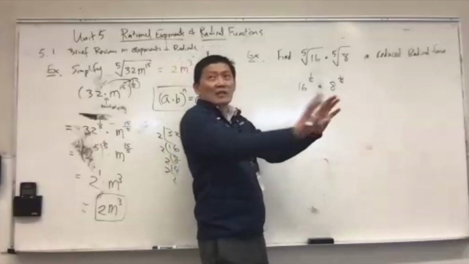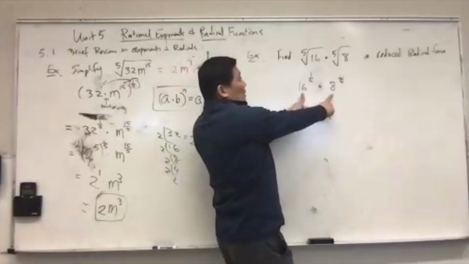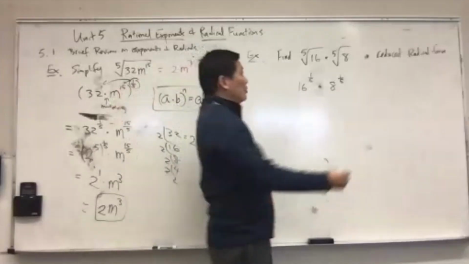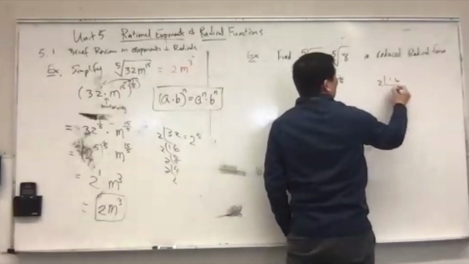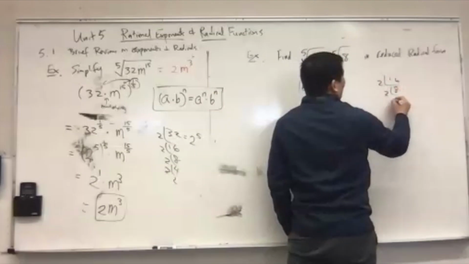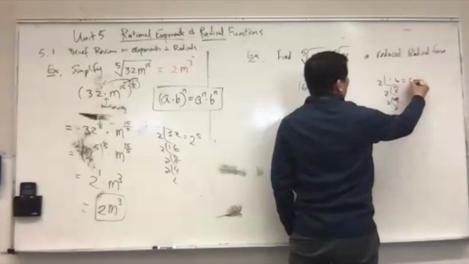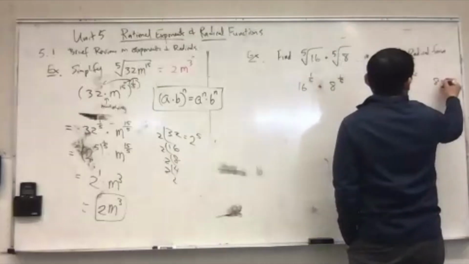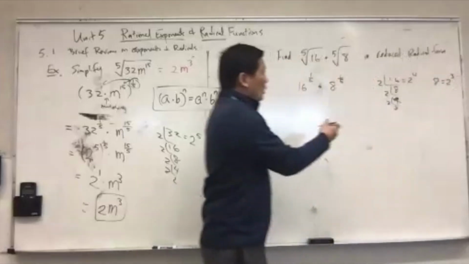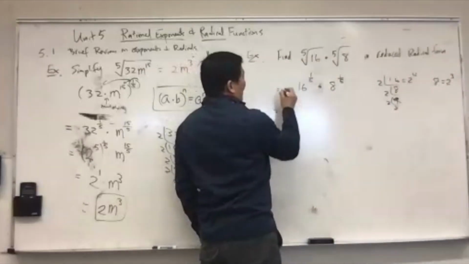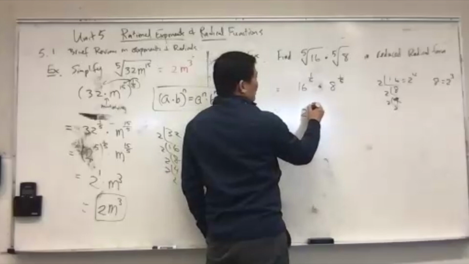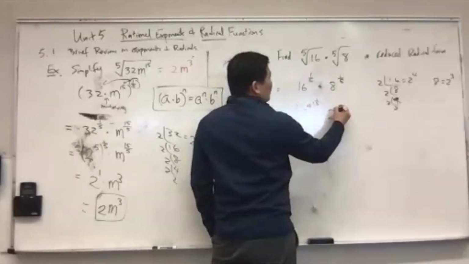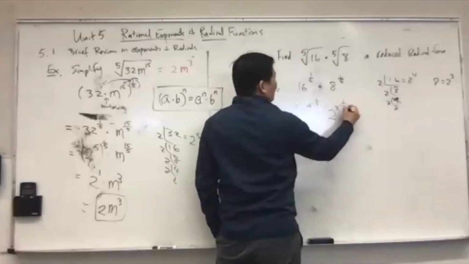But I have an inkling that I can change the 16 and the 8 into the same base. So 16 to 8 to 4 to 2: 16 is 2 to the 4th power, and 8 is 2 to the 3rd power. So I can turn that into 2 to the 4th power to the 1/5 times 2 to the 3rd power to the 1/5.